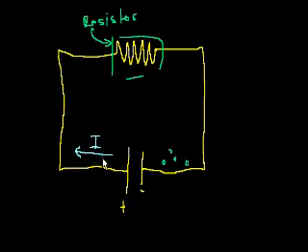So even though the convention is that current flows from positive to negative, current is actually just the flow of charge per second. So we could write that down. Current is flow of charge, so change in charge per change in time. Right?